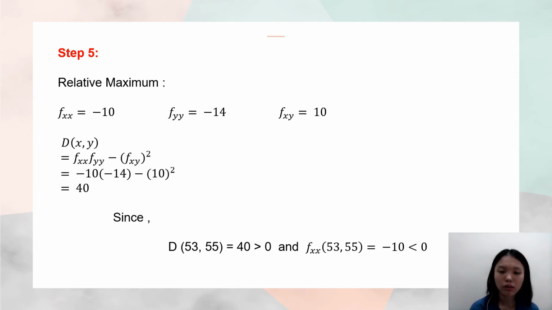We plug in the values and get 40. So D(53, 55) equals 40, which is larger than 0, and fxx(53, 55) is negative 10, which is less than 0. This proves that it is a relative maximum.